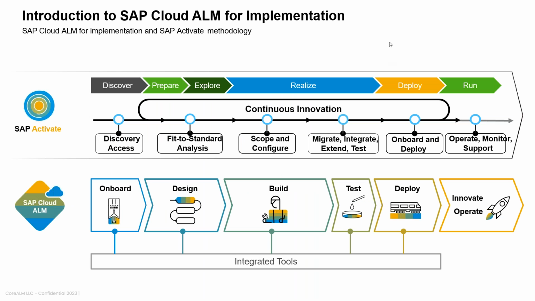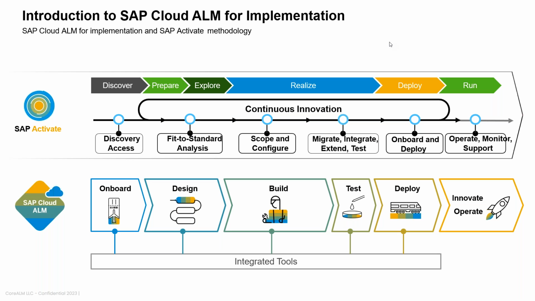Now there are different methodologies that you can use with Cloud ALM. However, one of the main methodologies that it supports very well is the SAP Activate methodology, where it follows all of the 6 phases within the project.